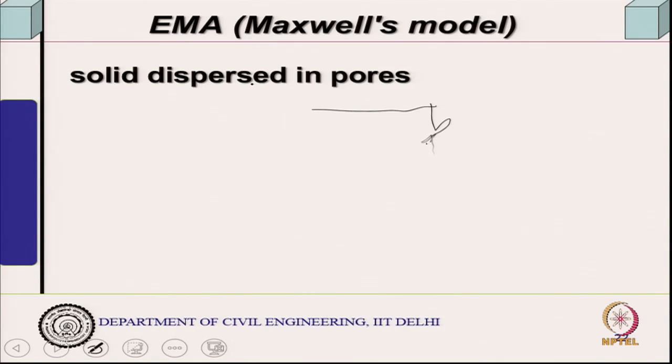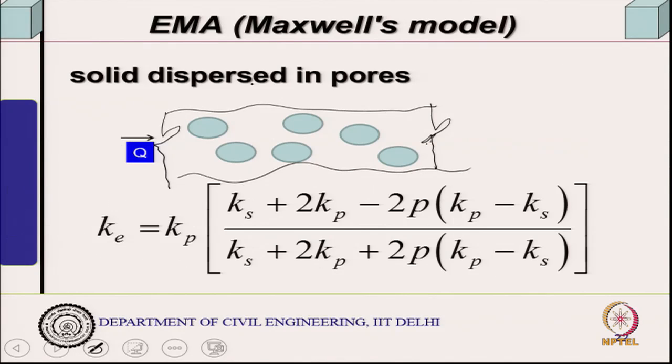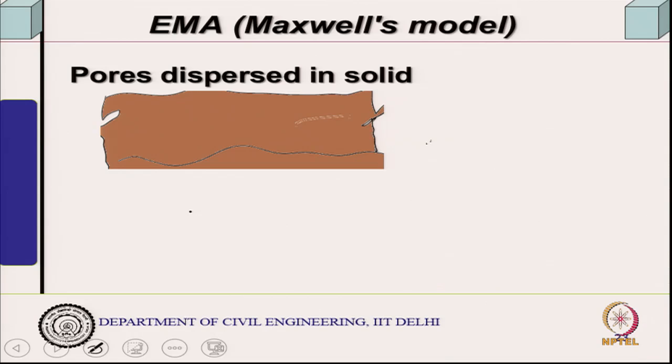If the solid is dispersed in pores, the equation, since it was continuous 2 K continuous K dispersed, will become K solid 2 Kp, with the pores as the continuous phase, and porosity is very much there, plus Kp minus Ks for the dispersed phase. If I neglect this, I will get a slightly simpler one, related to P.